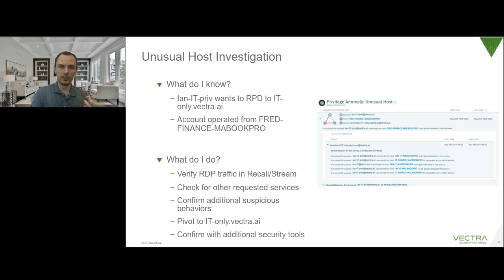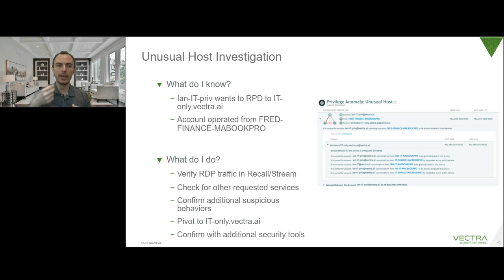And from there, we can glean what the general goal of the activity is, whether it's malicious or benign, right? In this case, we'd want to confirm additional suspicious behaviors, not just on that Fred Finance machine, but because we know that they're RDPing and accessing the system, we'd want to pivot over to that IT-only system as well, right?